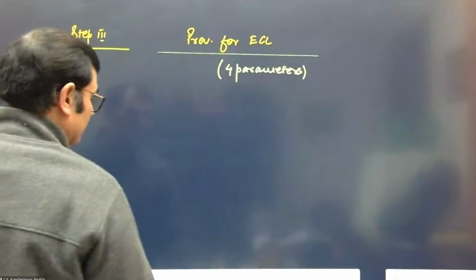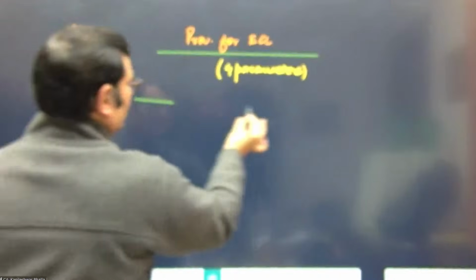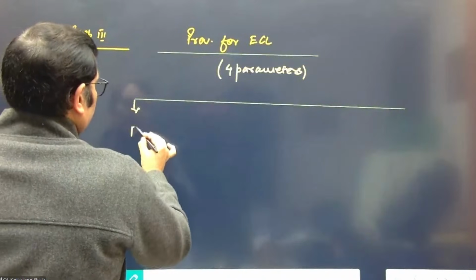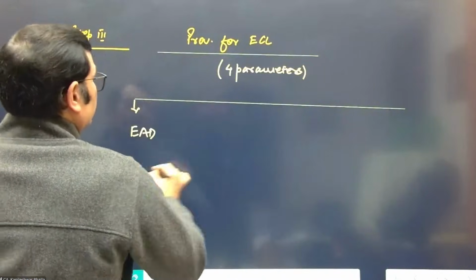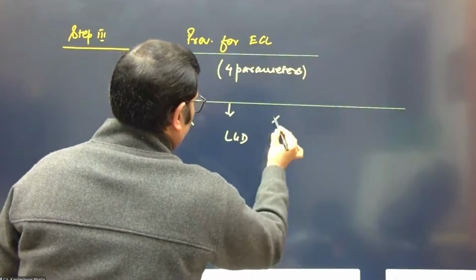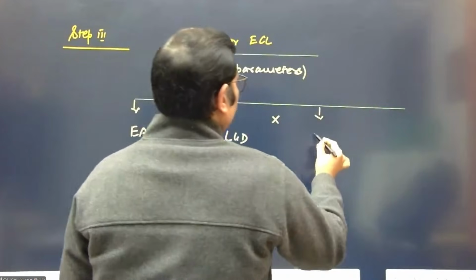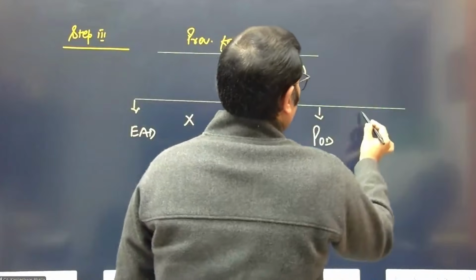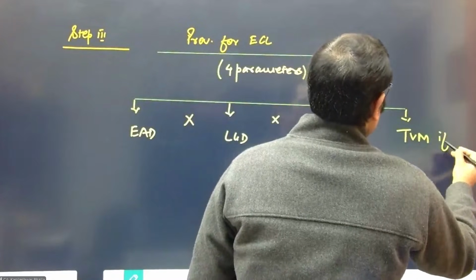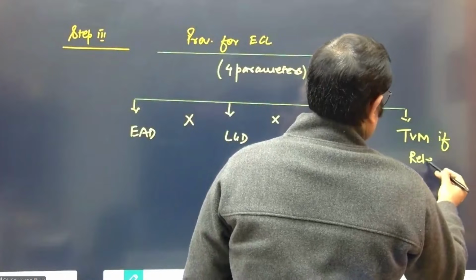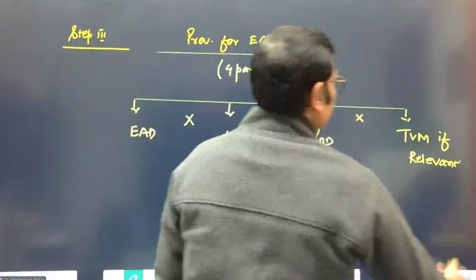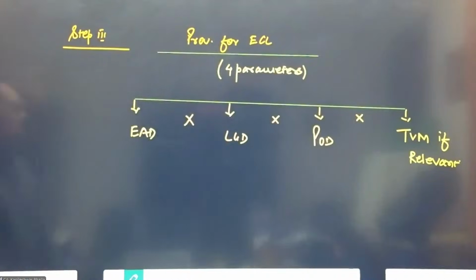And what are the 4 parameters? EAD, LGD, PD, TVM. That's right. So exposure at default multiplied with loss given default multiplied with the PD, and time value of money if relevant. So this gives you the inputs in terms of the provision for expected credit loss.